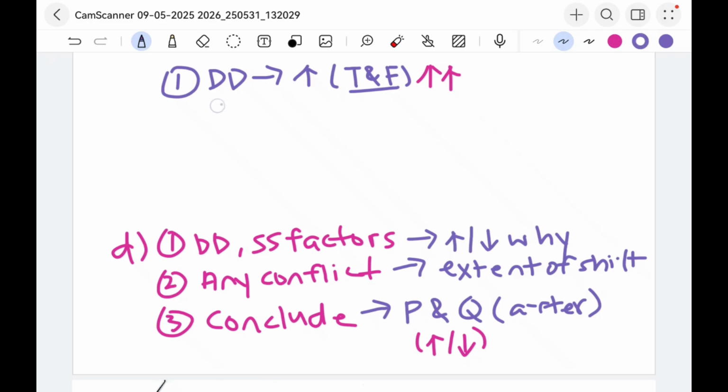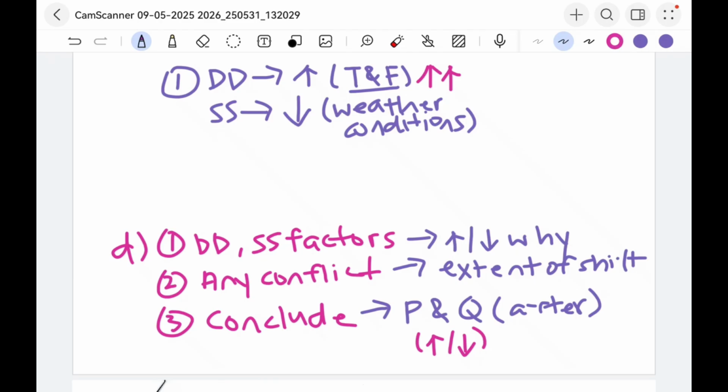Okay, then the second one is supply factor. So supply, we know that it decreased, and this is due to your weather condition, your external condition. In this case, be more specific about the weather condition. So you talk about how the warm weather actually reduces the yield of your maple syrup, and then your supply decreases.